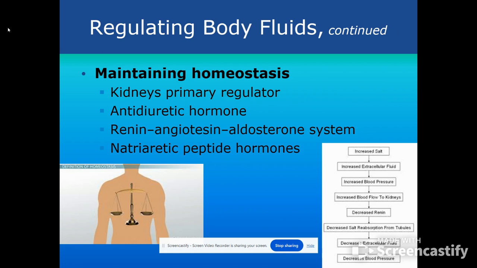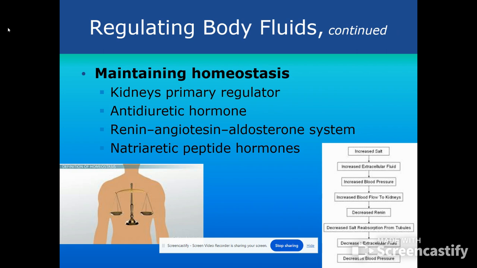It's released in response to increases in osmolality, and remember what that is: the number of particles or solutes in the solution. So it will release that based upon what the kidneys and the output are saying. Then we have the renin-angiotensin-aldosterone system.